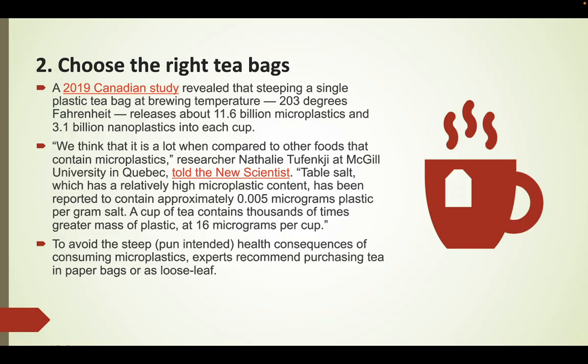That's ridiculously high. So to avoid that, you want to steep your tea in paper bags or loose leaf. And I actually have some Celestial Seasonings bags to share with you.